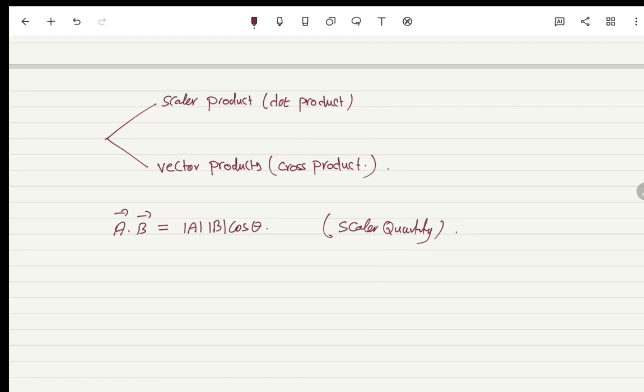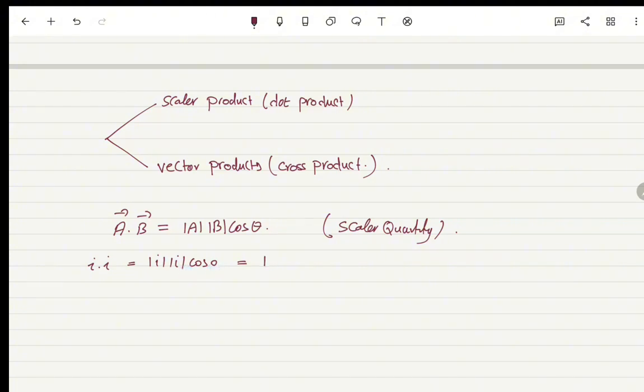Based on this, when you dot product i dot i, it's equal to the magnitude of i times the magnitude of i times cosine theta, where theta is the angle between i and i, which is in this case 0. So i dot i is 1 times 1 times cosine 0, which is 1.